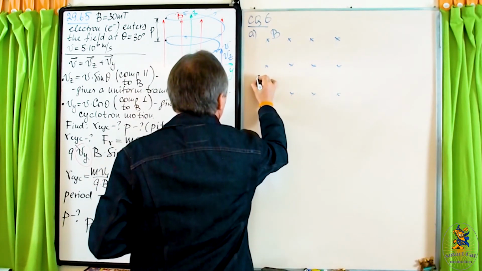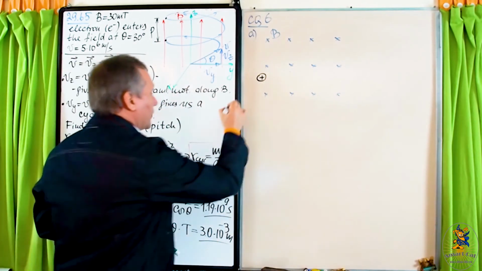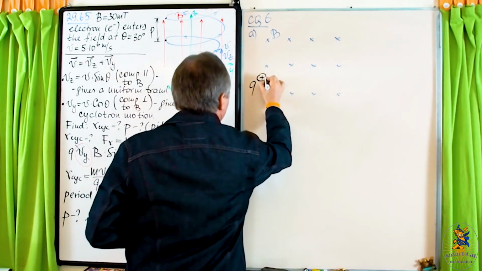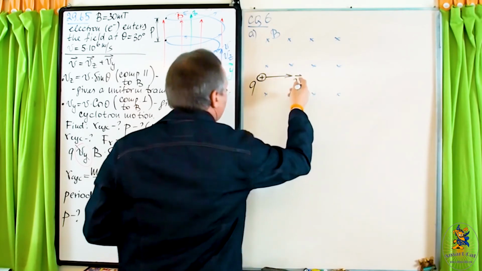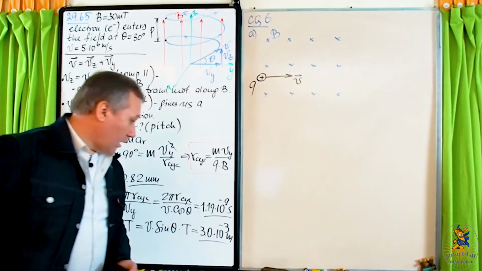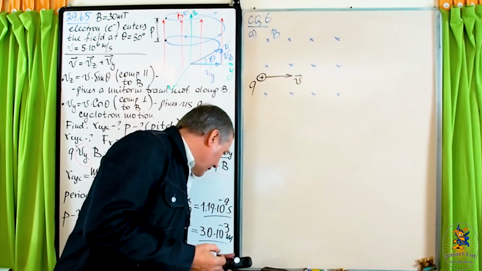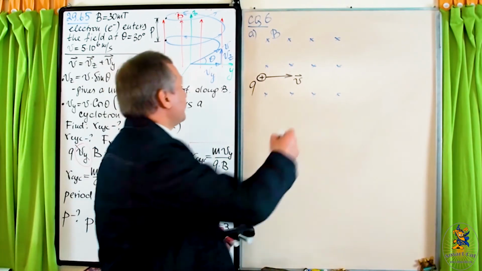Okay, so let's assume that this is a positively charged particle, Q, which enters the magnetic field lines this way, perpendicular to the magnetic field lines, right?